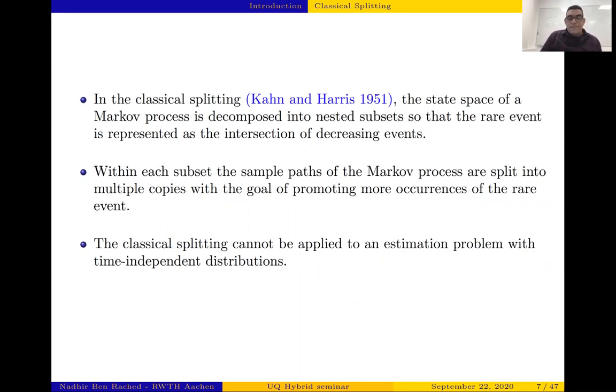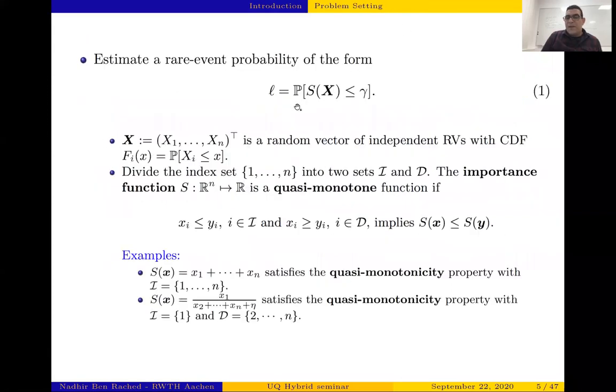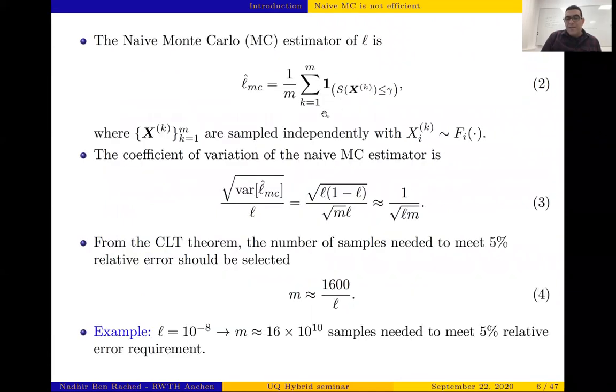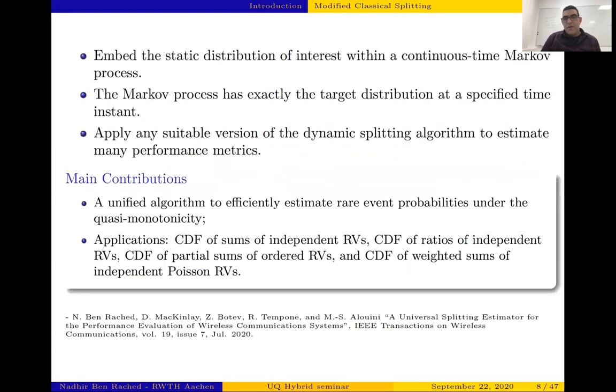However, the classical splitting cannot be applied to our problem because there is no Markov process that we can split here. Actually, the probability of interest is time independent. Then we cannot directly apply the classical splitting approach to estimate L. So the idea that we will follow is to embed the time independent distribution of interest within a continuous time Markov process.